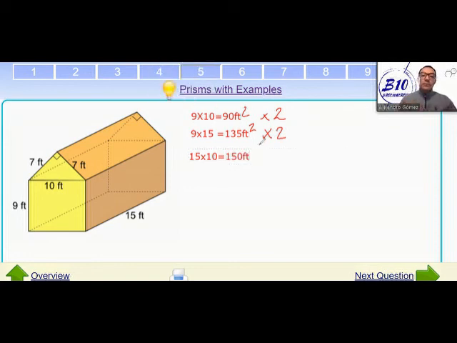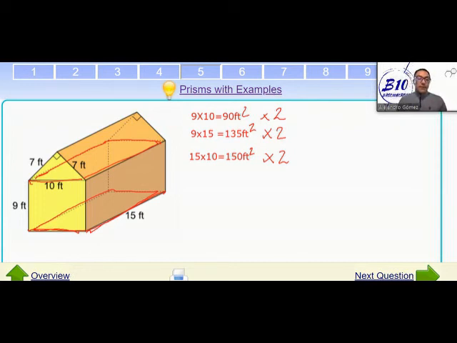Once again it is times 2, because this one on top, which is somehow the ceiling of our house, barn, whatever we want to call it, is going to have the same area.